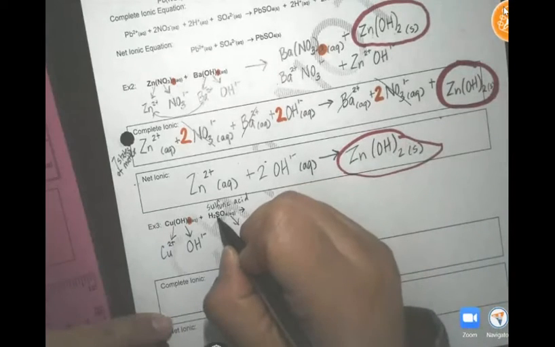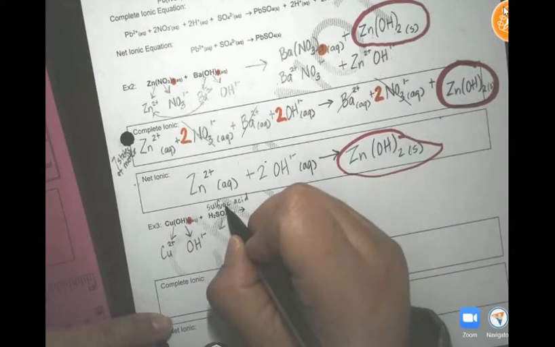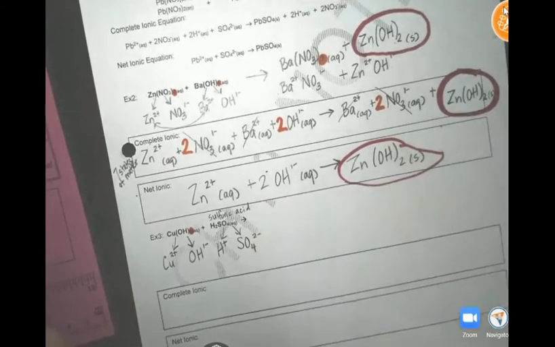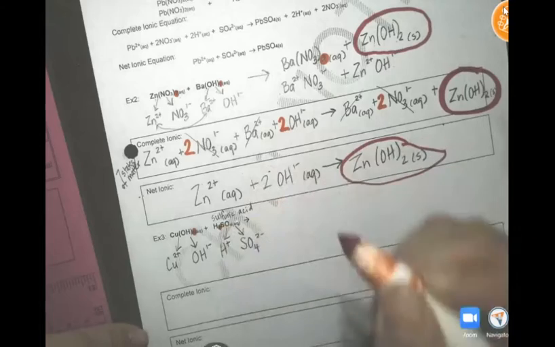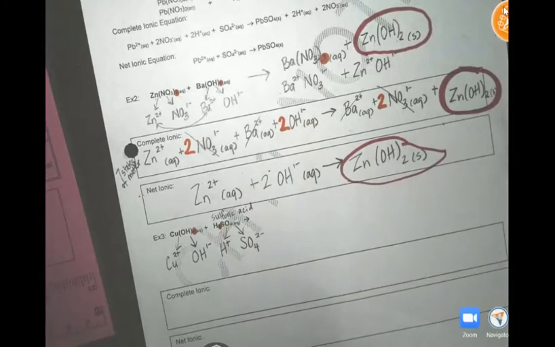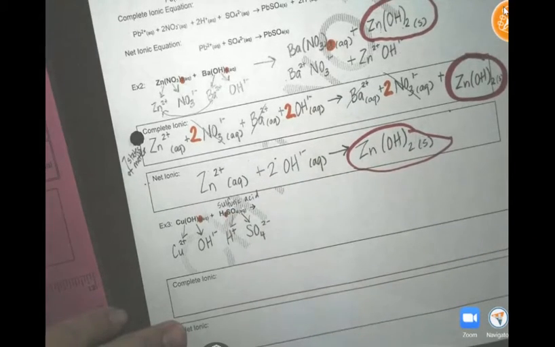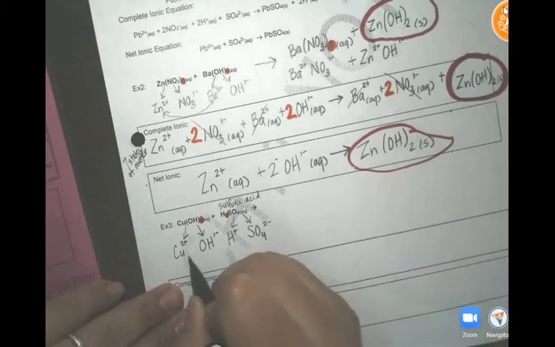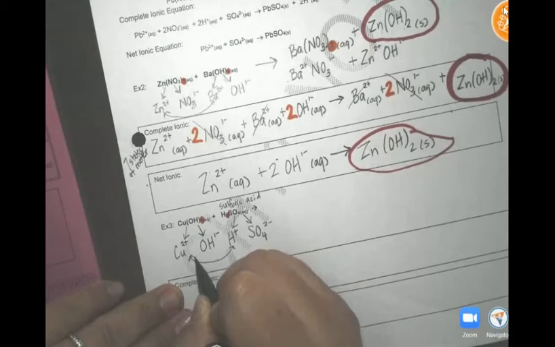So remember, sulfuric acid comes from sulfate, so that's SO4 2 minus. This is H plus, but that 2 is going to be important when I have to look at my complete ionic equation. So now, to figure out my products, I'm going to switch the positive ions.